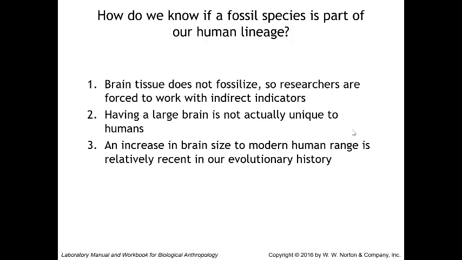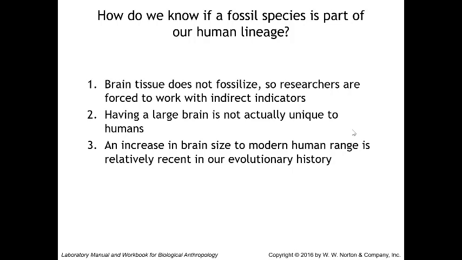Secondly, having a large brain is not actually unique to humans. Brain size is generally proportional to body size, although we have a large brain relative to our body size, but this is also not unique. And then third, an increase in brain size to modern human range is a relatively recent evolutionary step in our history.